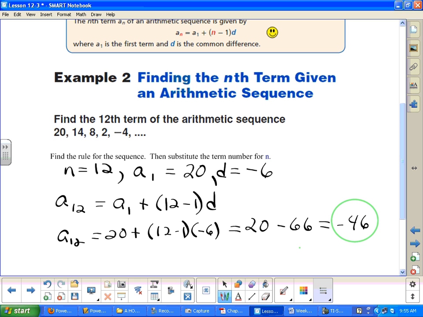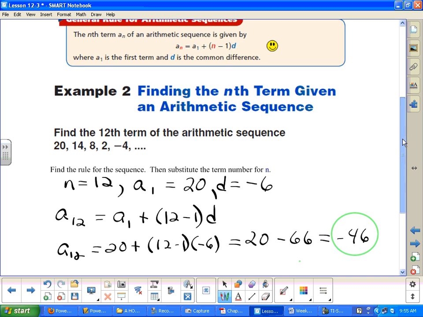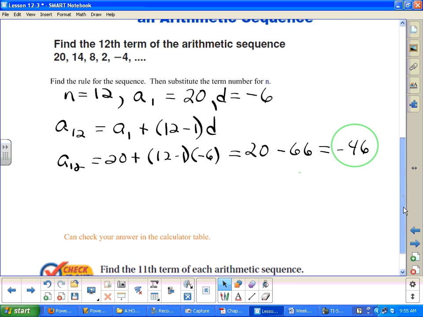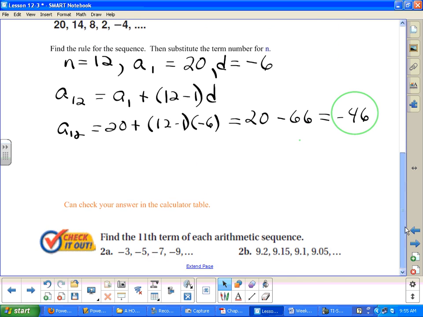So our 12th term in this is negative 46. So all we're going to do is just use the rule, plug in what we know, and find the number.